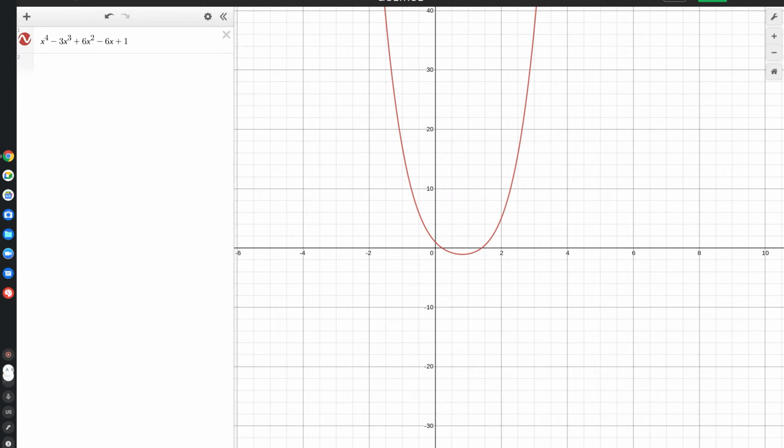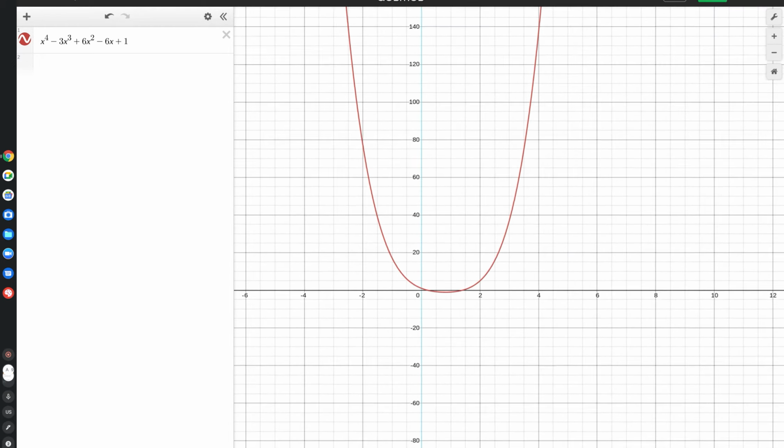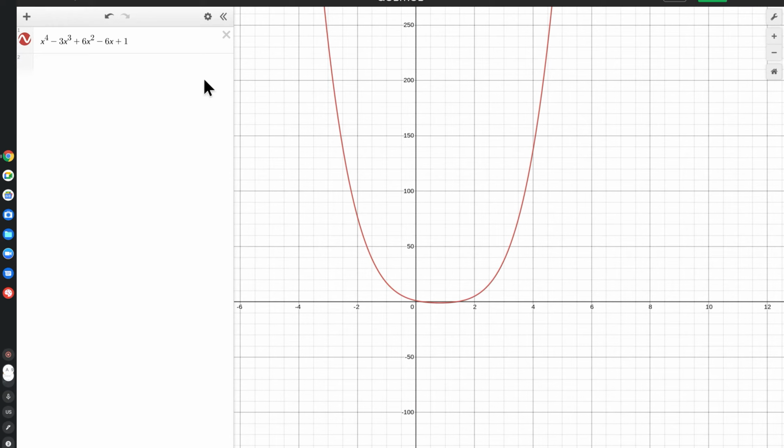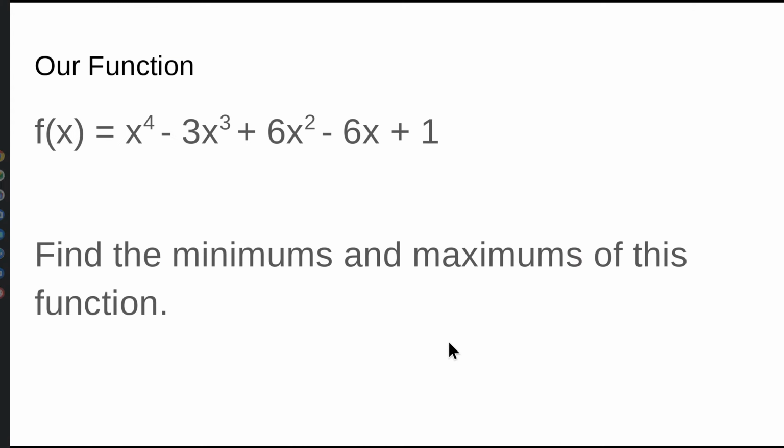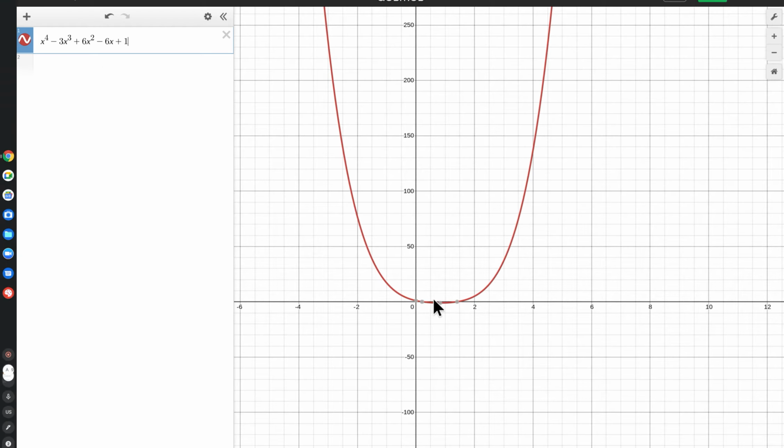It still looks kind of weird compared to a regular parabola, and that's because of the x to the power of 4 and the minus x to the power of 3. You also notice, if you've done calculus, that the slope of the tangent line will always be changing, and at one point it's actually 0. When we find minimums and maximums, you should also notice that this is the lowest point on this graph, and this is what we're trying to look for.